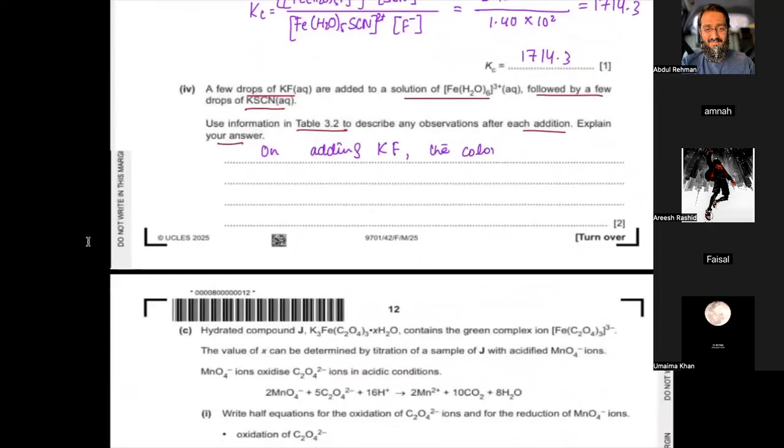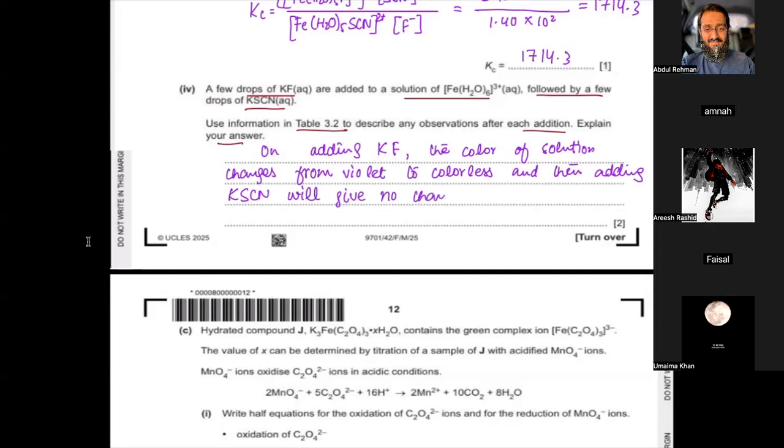The color of the solution changes from violet to colorless, and then adding KSCN will give no change, as the K step value for, just give me a minute please everyone.